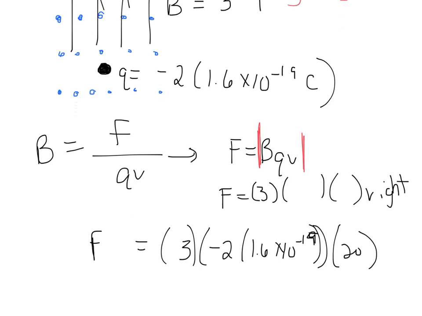You can't just leave it with the negative sign, it's not understood. So in this case, you could just make them all positive and tack on to the right because you did the right-hand rule. Or you could leave the negative alone, do the right-hand rule, recognizing that a positive particle will move left, so because you have a negative sign here, it's going to move to the right. Either way works, really. It just depends on which way you choose to approach it.